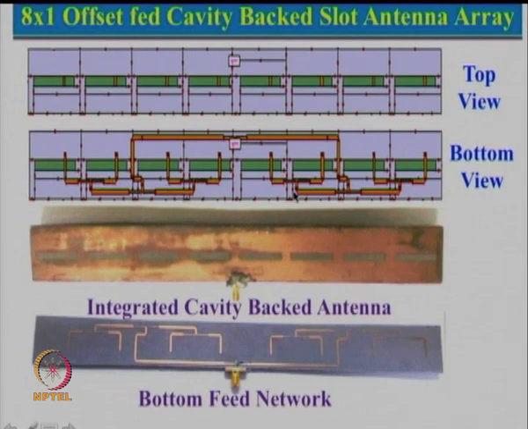Partly this acts as a reflector, partly this acts as a reflector, so they kind of evened it out. So this one had a more symmetrical radiation pattern. Now what is really happening is, in this plane we have not added any slot, so the beam width remains broad in this plane, but we added a number of slots in this direction here, so the beam width is reduced in this particular direction.